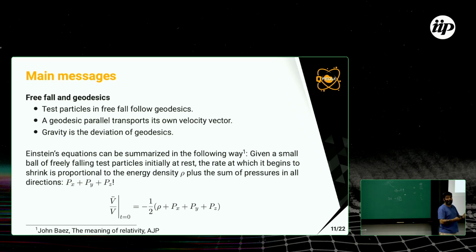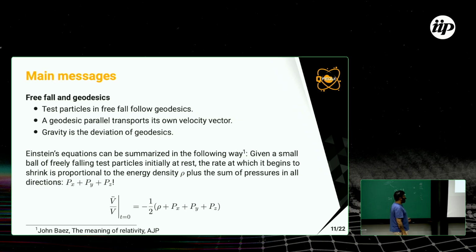So gravity attracts. That's the meaning of Einstein's equation. So the geodesics converge. But actually it attracts in one direction, and compresses in the other one. So you see that pressure is here as a source of gravity.